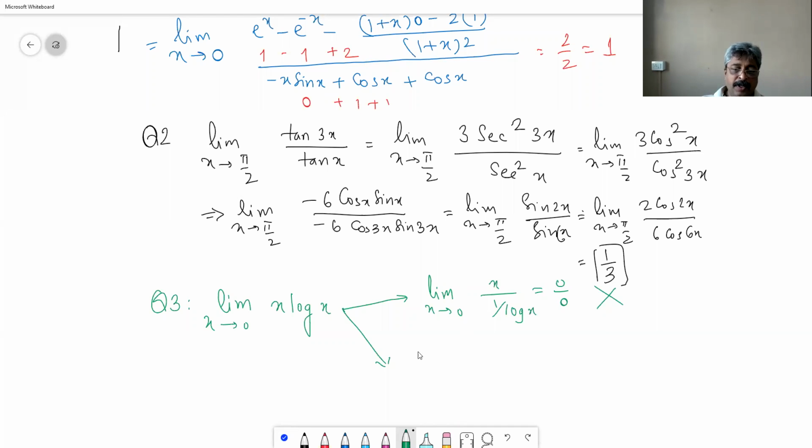We don't want that to happen. Therefore, we will consider limit x tends to 0 log x upon 1 upon x. This is infinity upon infinity type, so we differentiate. The derivative of 1 upon x is minus 1 upon x square, which gives 0, minus x, correct?